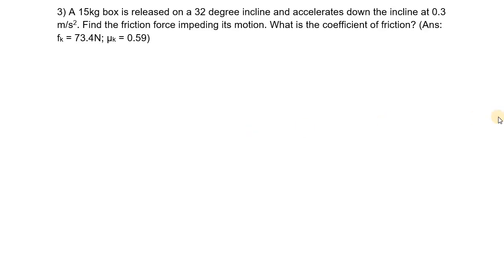Okay, so what do we have here? We have a box. It's released on an incline and it accelerates down the incline at a certain acceleration. Okay, so let's draw our free body diagram.